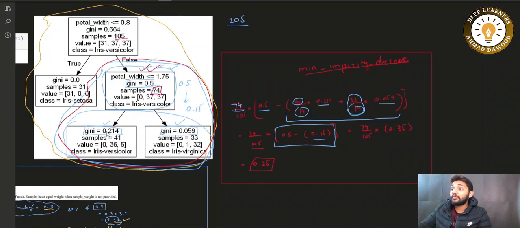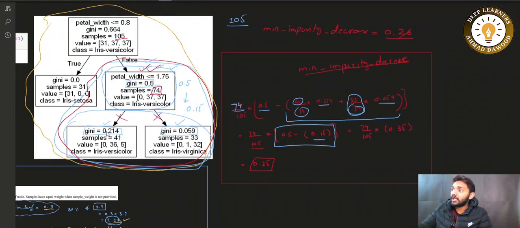Now, if the min impurity decrease value you have specified here is, let's say, 0.26, then you are saying that splitting will be allowed only if the impurity decrease is at least 0.26. But here the impurity decrease is 0.25, so this split will not be allowed.